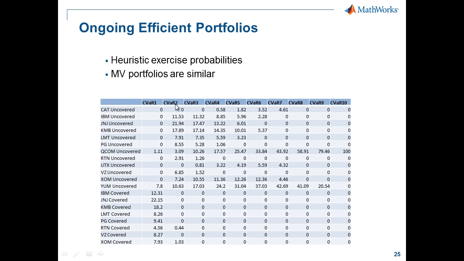And the main thing that you see here is that at the higher levels of CVaR, these are fully uncovered portfolios, and it's completely rejecting any covered positions. It's only at the low end of the efficient frontier that you're seeing any kind of covered positions. And in just a few instances in this particular example, and you can see it's usually like this, you see some partially covered positions, like Raytheon has both an uncovered and a covered position, and also ExxonMobil.